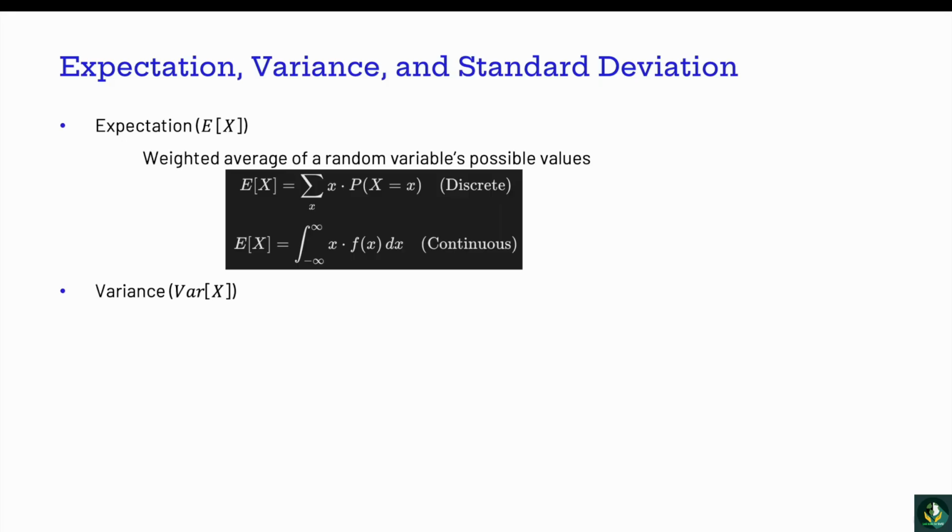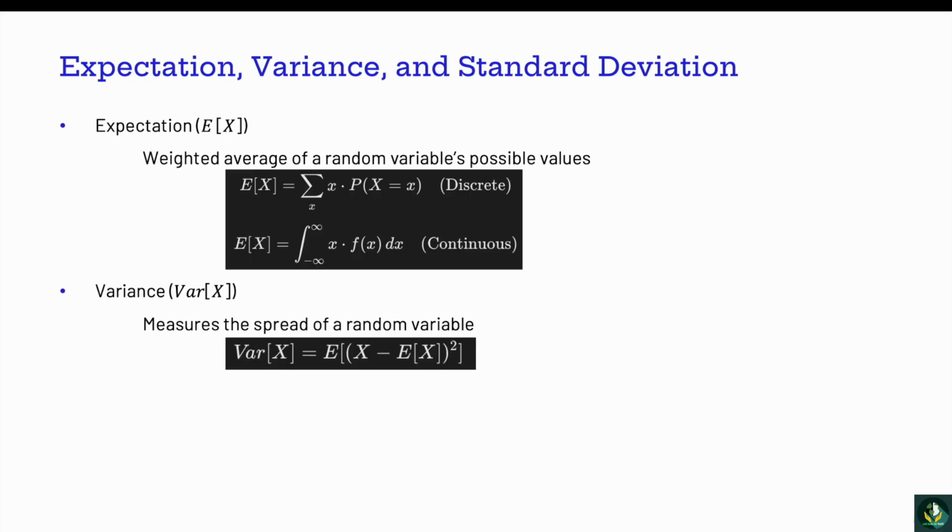We also have variance, which measures the spread of a random variable. Variance of x equals E of (x minus E of x) squared. We have next standard deviation, sigma of x.